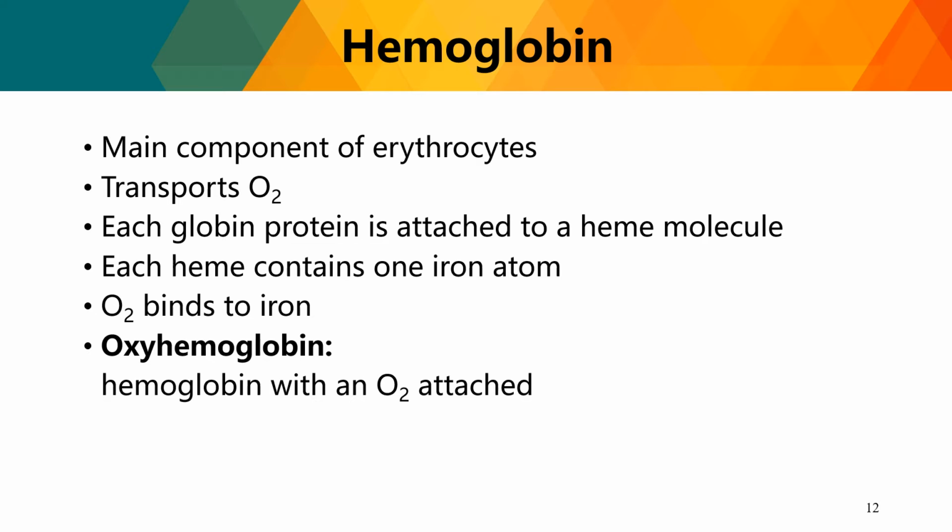So hemoglobin. So this is the main component of your erythrocytes, which actually transports your oxygen. So they are the ones responsible for the intake of oxygen of your red blood cells. So each globin protein is attached to a heme molecule, and each heme molecule contains one iron atom. So oxygen binds to the iron, and then you produce now what you call your oxyhemoglobin.